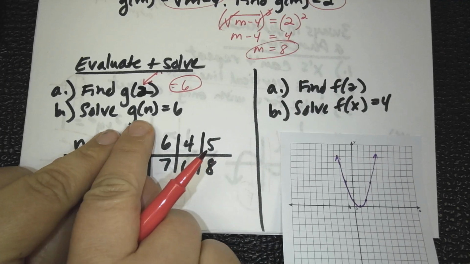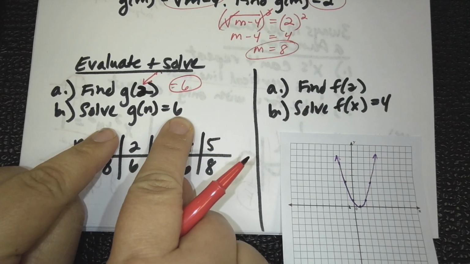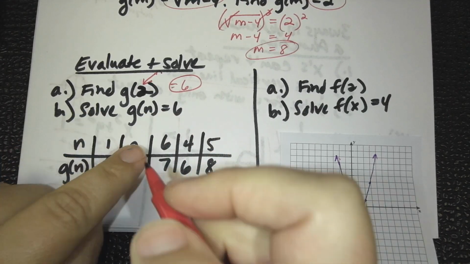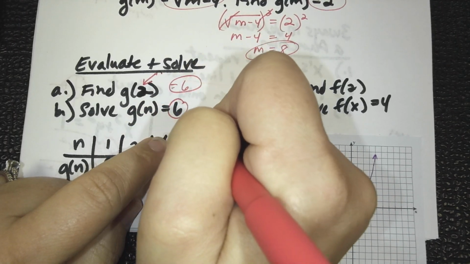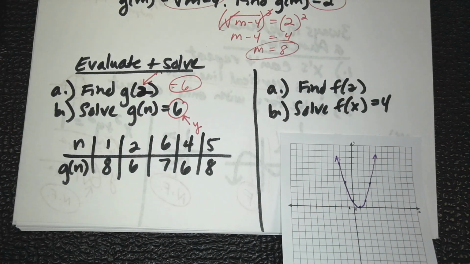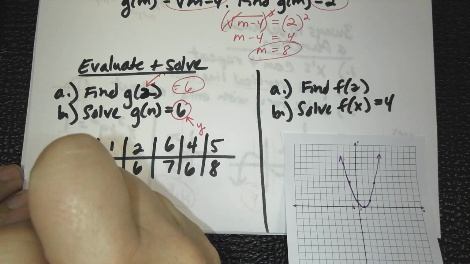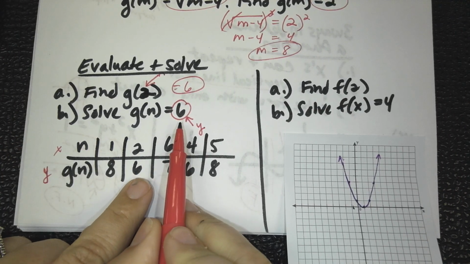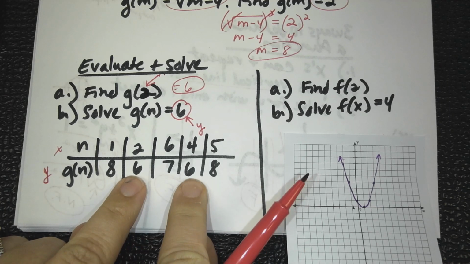All right, well, now what's this way asking? What the input is if I have a 6 for my y, or my g. So now I'm looking at the y part. This is the y part, this is your x part, if you think of it like x and y's. Well, I have a 6 here, but don't I have another 6 here?